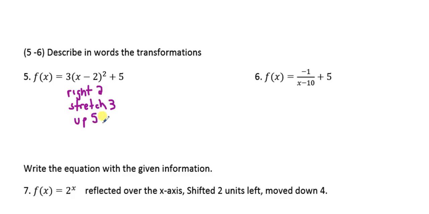So that's a quadratic with the vertex moved to the right, stretched up, and then up by a factor of 5. Or stretched by a factor of 3 and then raised up 5.